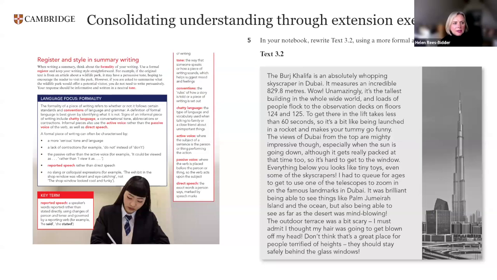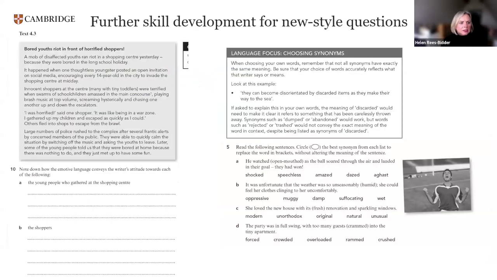So next slide, please. And further skill development for the new style questions. You can see here there's a little exercise in the workbook about emotive language and writer's attitude. So these aren't exam style questions, these are exploring a text and looking at how language conveys the writer's attitude, which is practice skill development for the new style question where they have to comment on the writer's attitude.